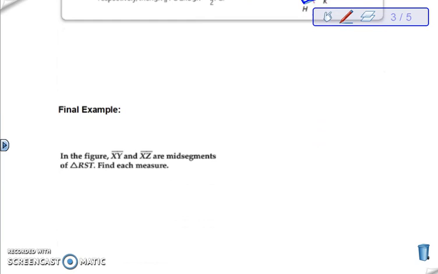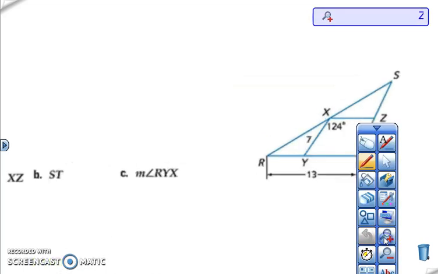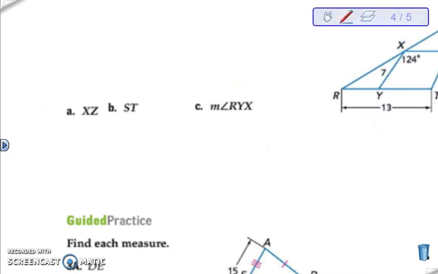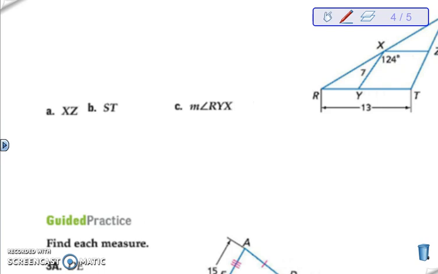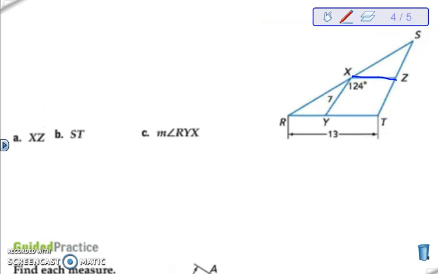So if we are looking at a picture where x, y, and y, z are midpoints, and we're looking for the length of xz, I'm going to trace out my smaller triangle that's half the size of the original.